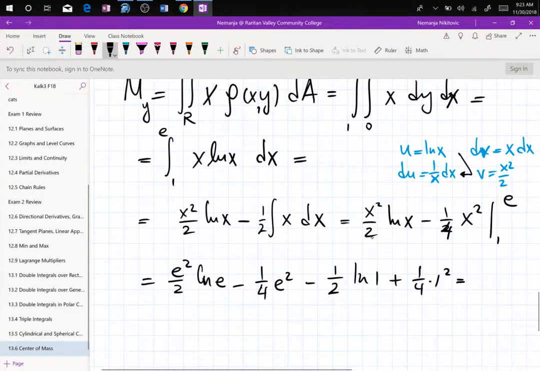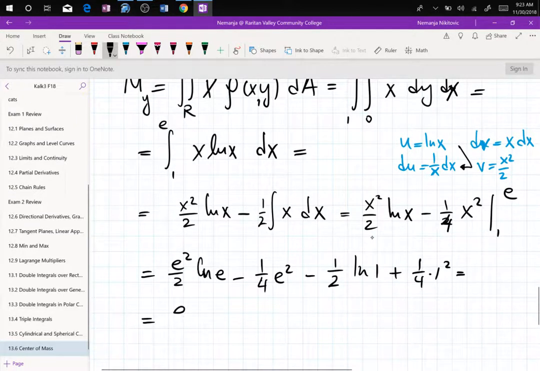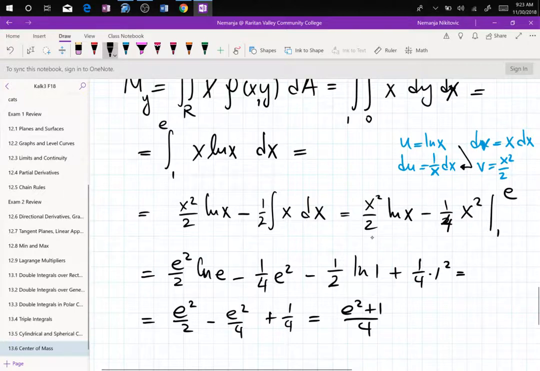Then you plug in limits. Ln e is 1, so this is e squared over 2 minus e squared over 4. That's a 0 plus 1/4. This is going to be e squared over 4, so e squared plus 1 over 4. So that's our moment on y.